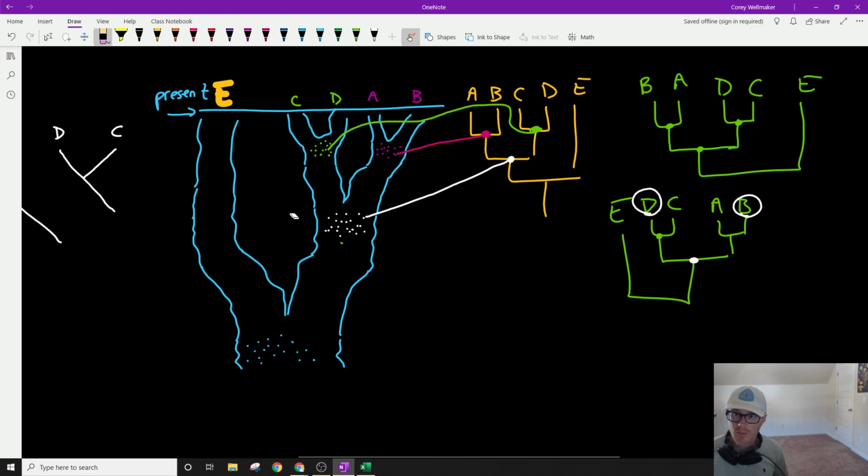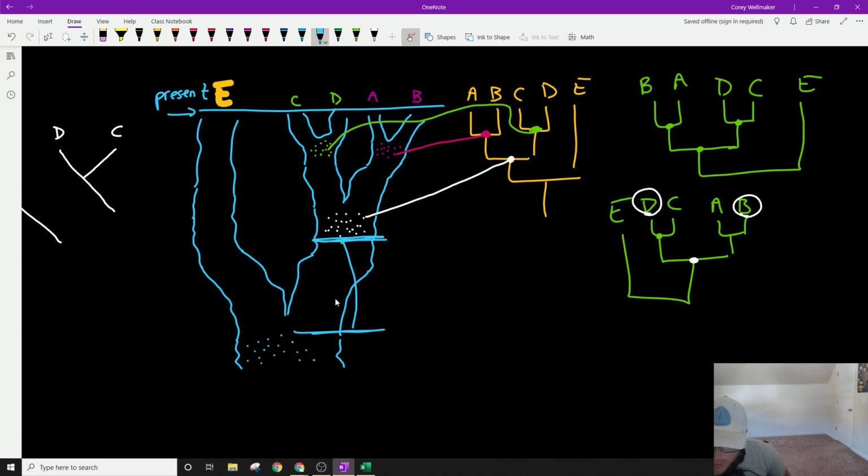Another way that you can think about it is as far as why it's accurate to say that D is more closely related to B. So this right here is time, right?